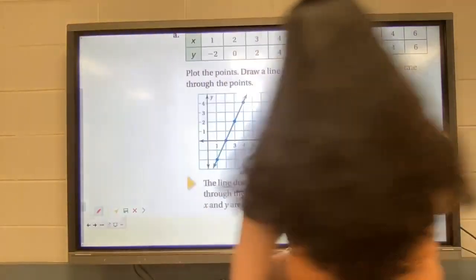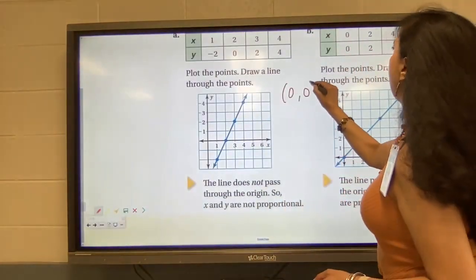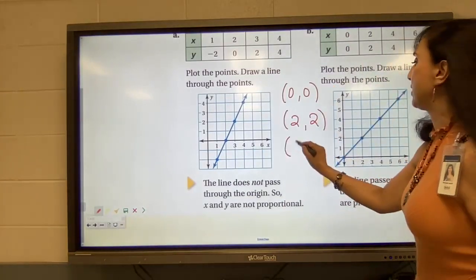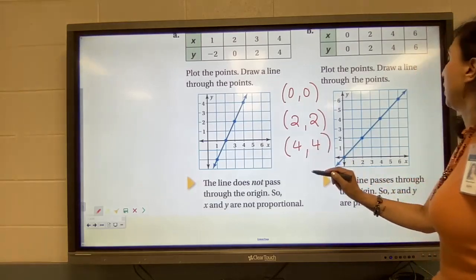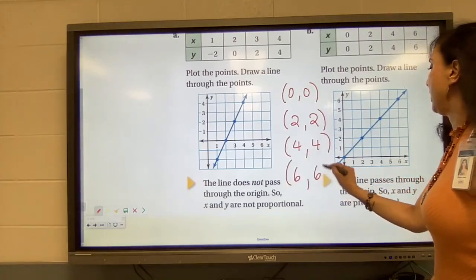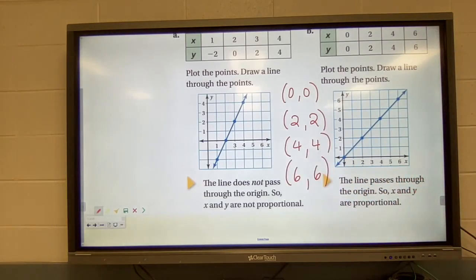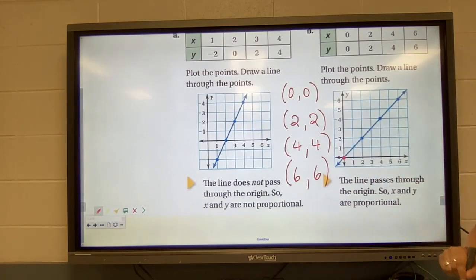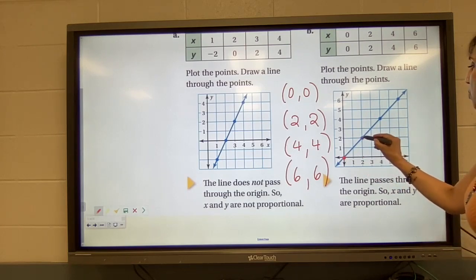Again, my ordered pairs over here are 0, 0. I have 2, 2. I have X is 4, Y is 4, X is 6, Y is 6. So let's see. Do we have the origin? Yes, here. We have 2 and 2, which is here.